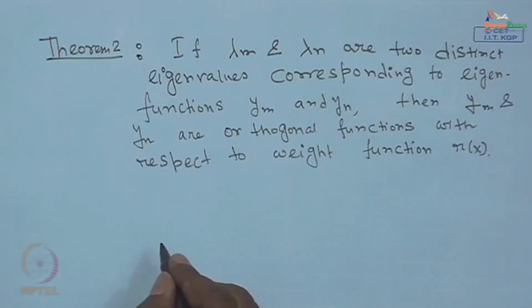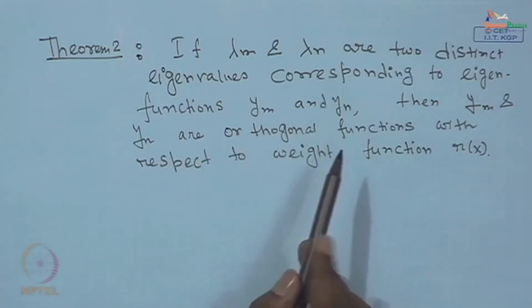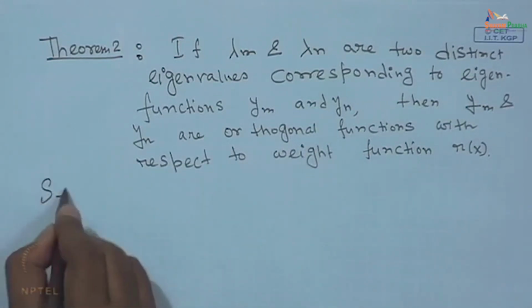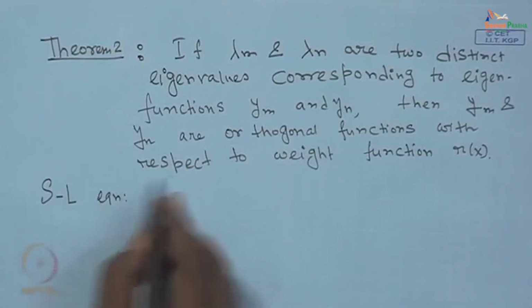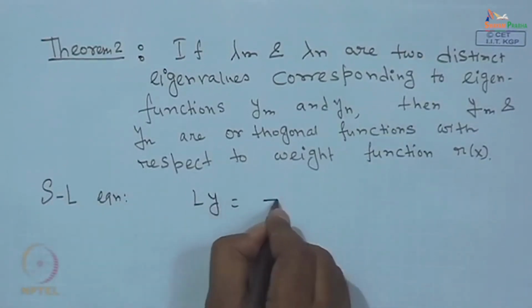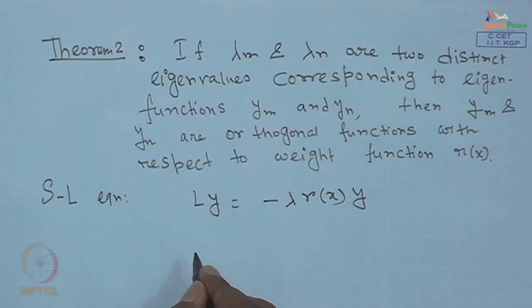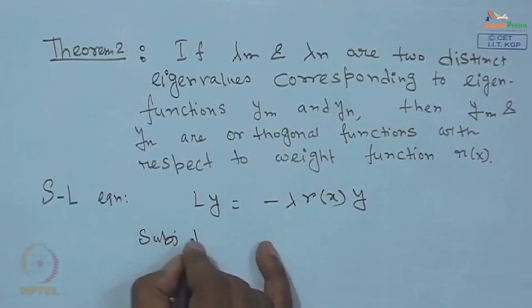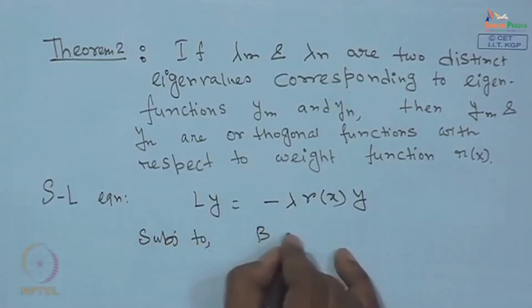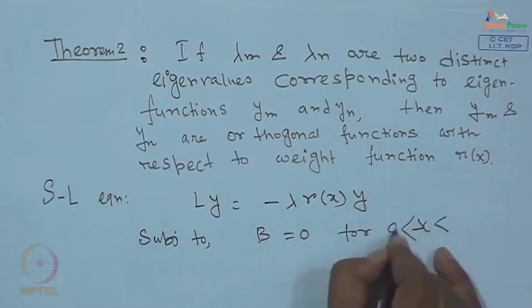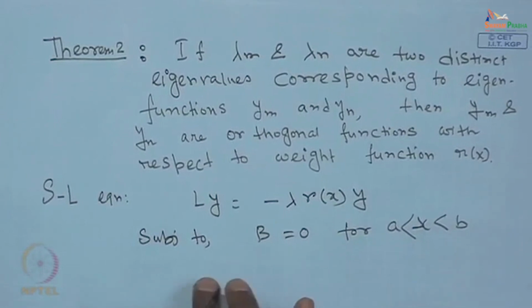So, these lambda m and lambda n are the eigenvalues corresponding to the Sturm-Liouville equation. Let us write down the Sturm-Liouville equation: L y is equal to minus lambda r, which is in general a function of x, multiplied by y, subject to the boundary operator B equal to 0 for x lying between a and b.